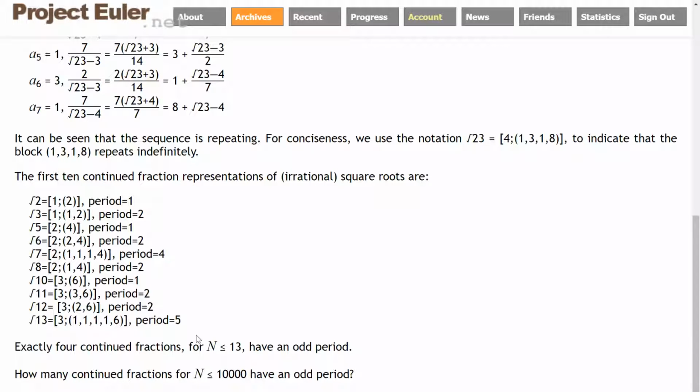Pardon? The odd period is for the square root of 13, which has a period of 5. Correct. So we want to look through all the numbers from 1 to 10,000, I guess, and collect the number of odd periods. Probably, yeah.